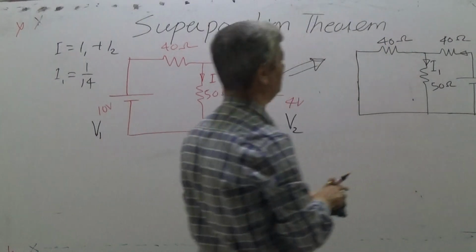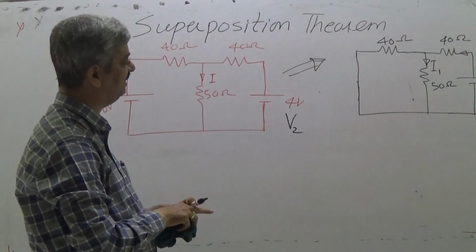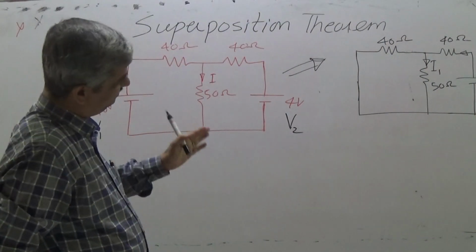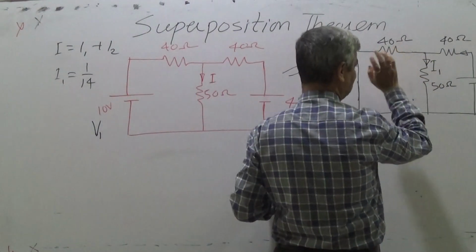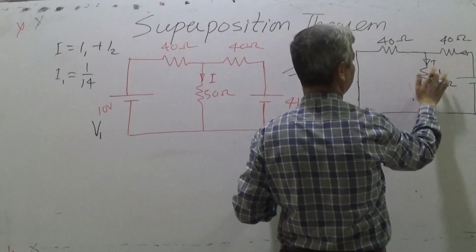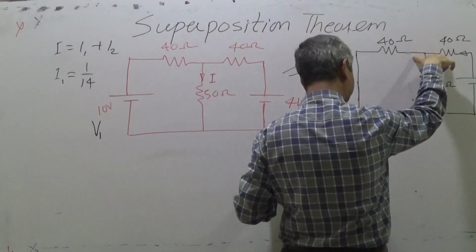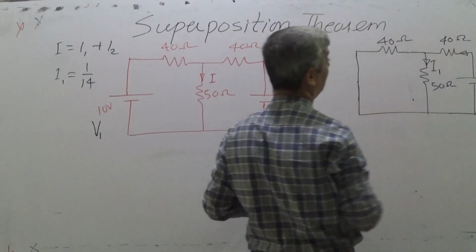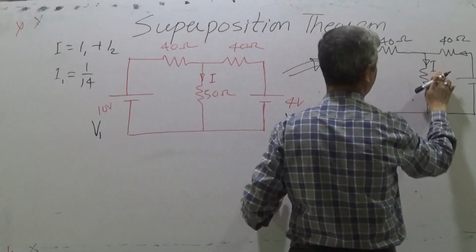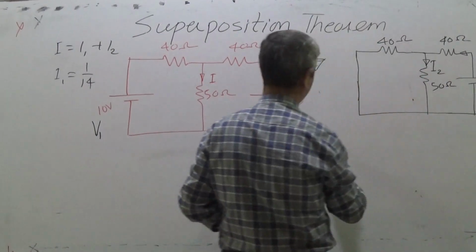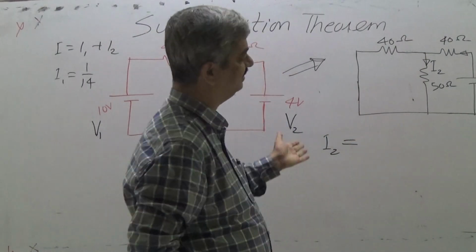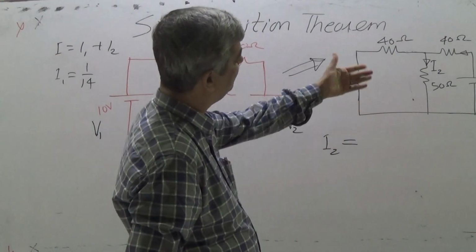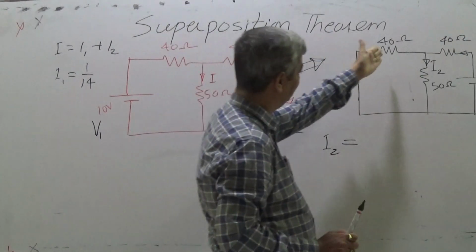In that case everything will remain the same. There is a complete symmetry. Why symmetry? Because this is 40, this is 40, this is 50. These two being symmetric, you compute this, I will say as I2. I give this task to you, you can independently compute it.